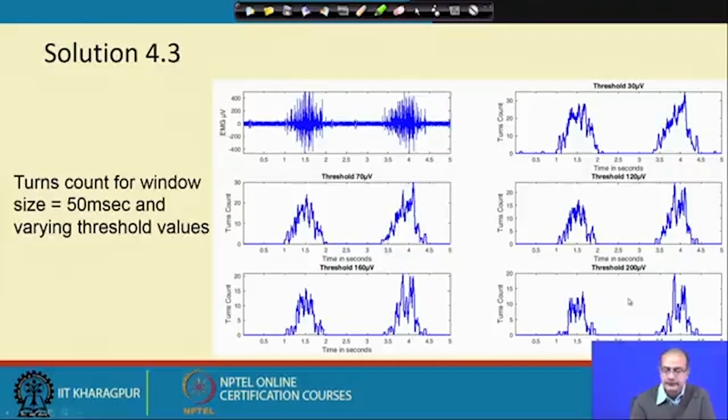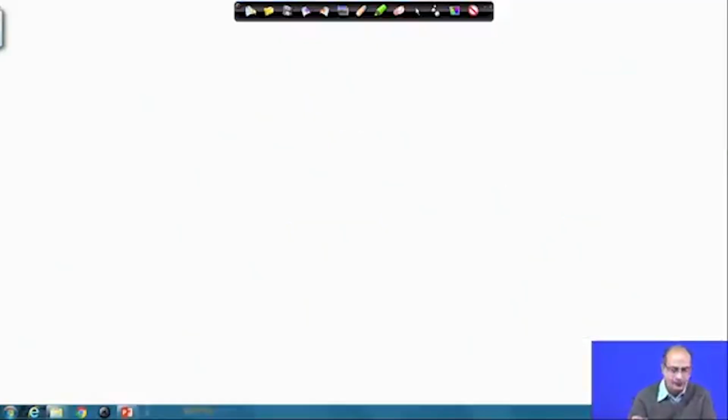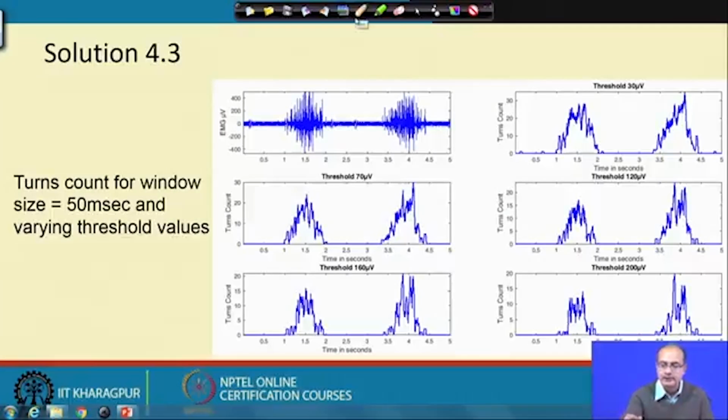Here we are showing how the output varies if we change the threshold. First we show the EMG signal, then if we take it as 30 microvolt, this is the output we get, we increase that to 70 microvolt, this is the output, with 120 this is the output, then 160 this is the output, then 200 this is the output.